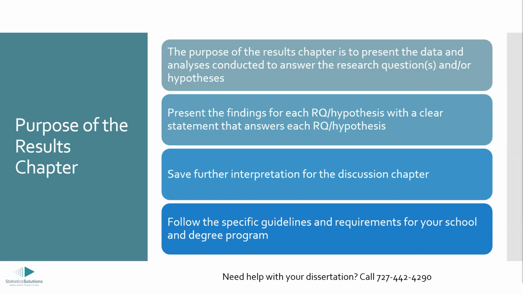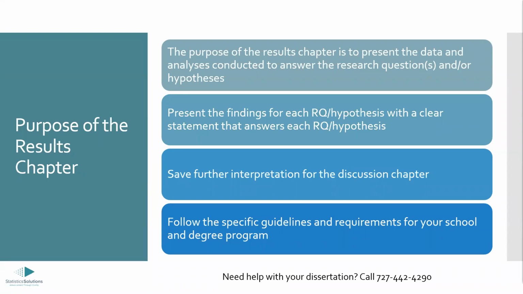By the end of the results chapter, you should have a clear answer to each research question and hypothesis that you laid out in your dissertation. So if you have 5 research questions, by the end of your results chapter, you should have an answer to each of those 5 research questions. In your results chapter, you'll want to provide clear statements that answer those questions or hypotheses.